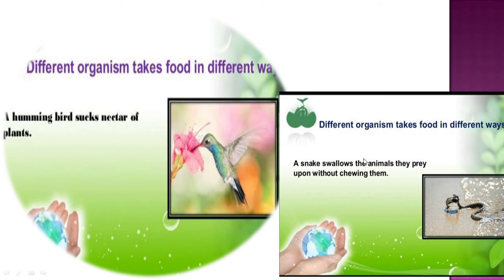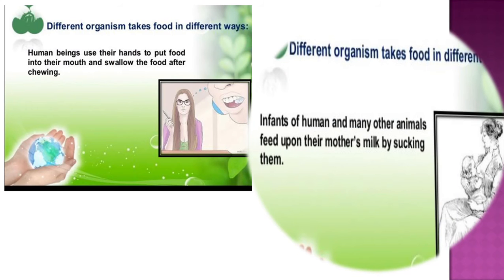So the first one, honeybee sucks the nectar, which I have shown in the last slide. Different organisms take food in different ways. The second one, a snake swallows the animal it preys upon without chewing. Another example: human beings use their hands to put food into their mouth and swallow the food after chewing. Infants of humans and many other animals feed upon their mother's milk by sucking.